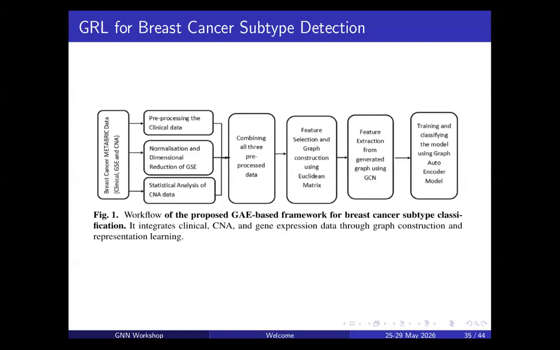We can take the Euclidean distance between two patients, because each patient is represented by a vector based on these multi-omic features. So feature engineering is performed. We combine the features, so we get a combination of 3 features based on the pre-processed data.